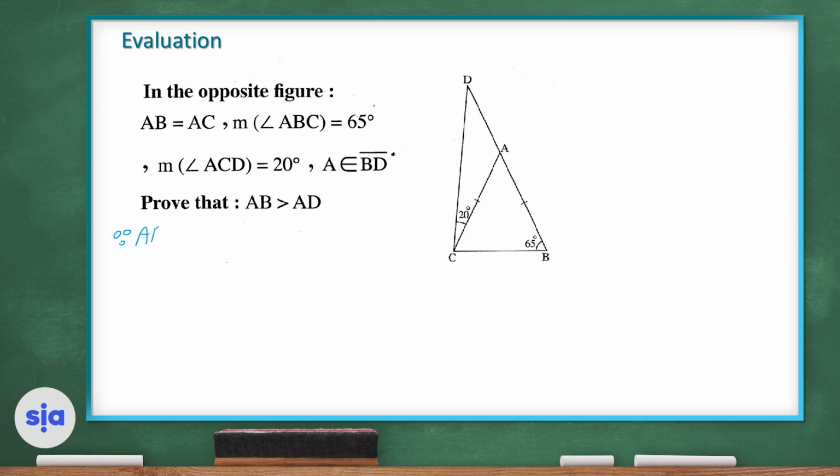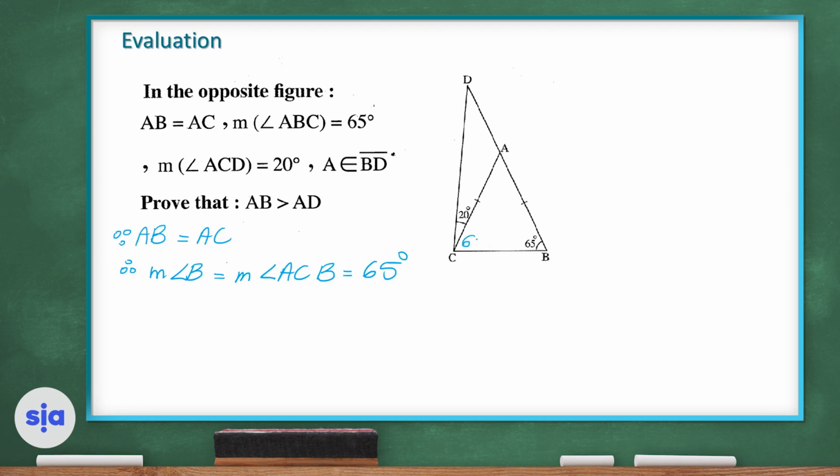Since AB is equal to AC, therefore the measure of angle B is equal to the measure of angle ACB, which is equal to 65 degrees.